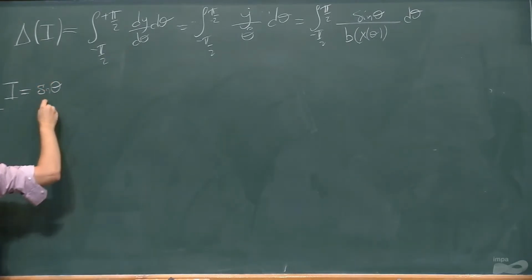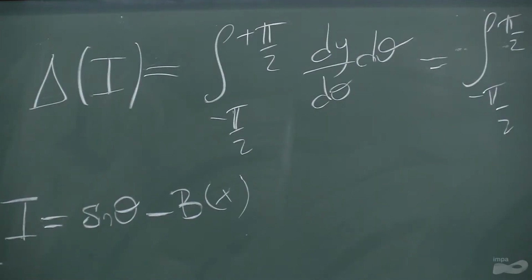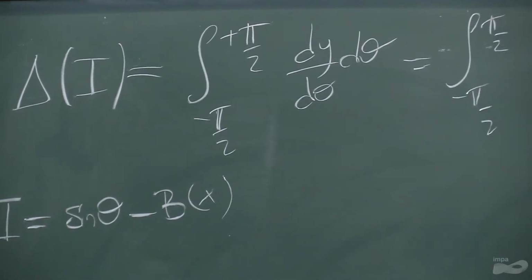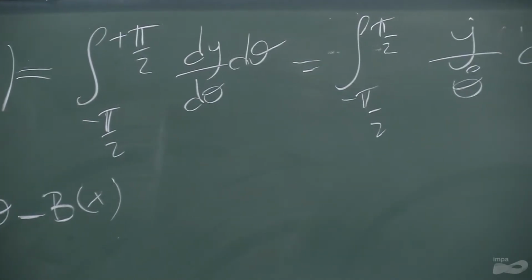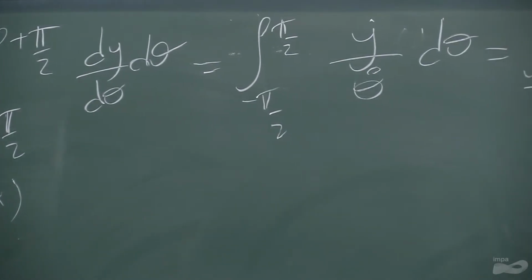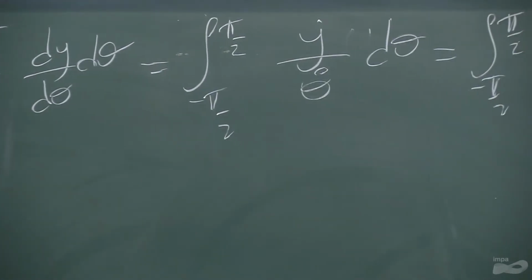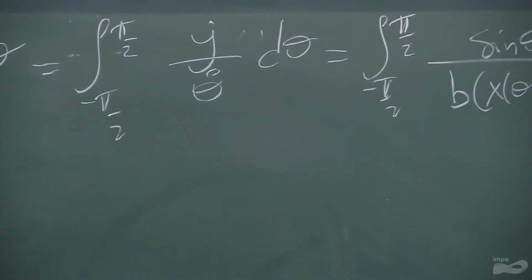So this is, in this case, sine of theta minus b of x, because this coefficient a was equal to 1. So I can now get x from this equation here. So here I get that x is b inverse of sine of theta minus I.